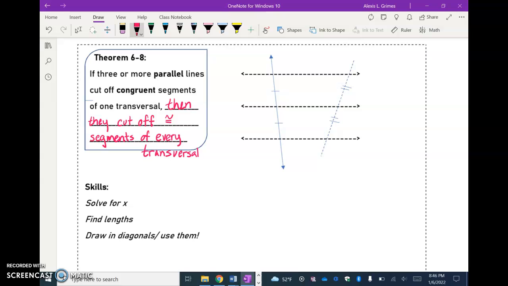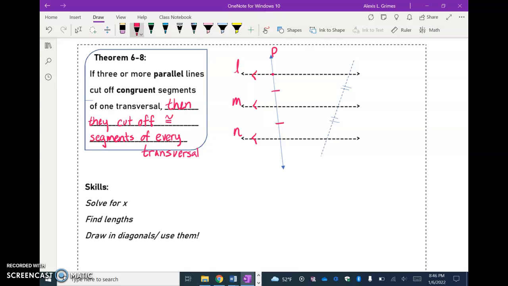So what that means is I'm telling you this line and this line are parallel. We'll call them L, M, and N. Okay, those lines are parallel. Then we have this transversal, we'll call it P. You see these little hash marks?